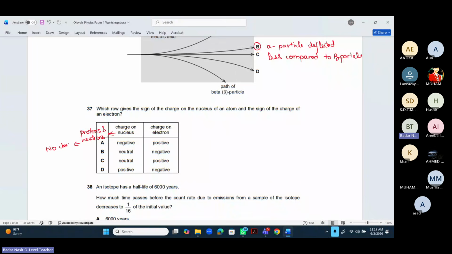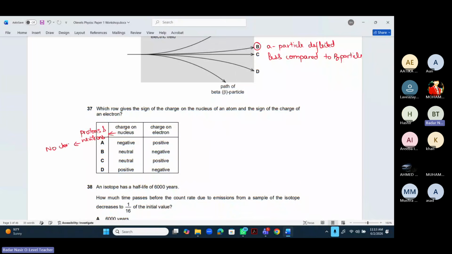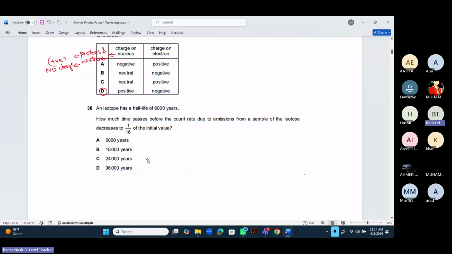An isotope has a half-life of 6000 years. The count rate of a sample of the isotope decreases to 1/16 of the initial value. So let's say initial count rate है n. n का हाफ करूं n/2. n/2 का हाफ मतलब n/2 को 1/2 से मल्टीप्लाई करूं n/4. फिर n/4 को 1/2 से मल्टीप्लाई करूं n/8. फिर अगेन n/8 को मल्टीप्लाई करूं with 1/2.